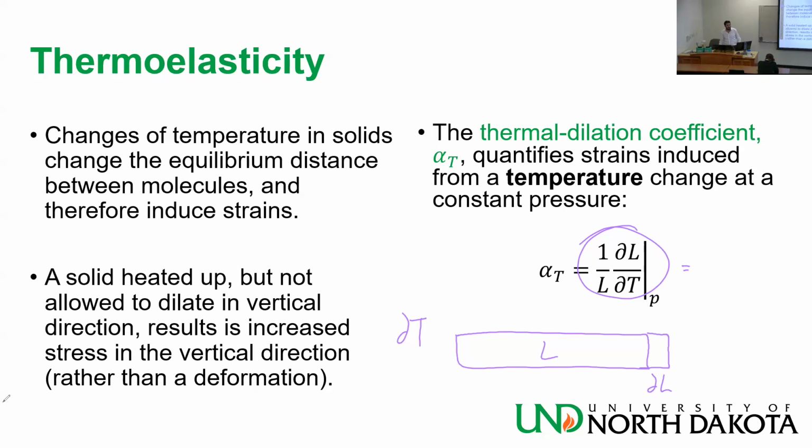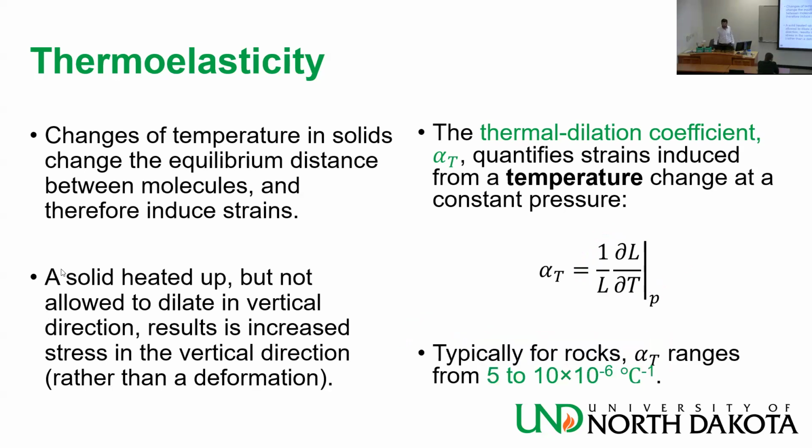What if it's a 3D object, or a 2D object? We need to adapt it. We need to adapt our matrices for that. Typically for rocks, the coefficient is 5 to 10 times 10 to the minus 6 per degree Celsius. Can you convert that to Fahrenheit?